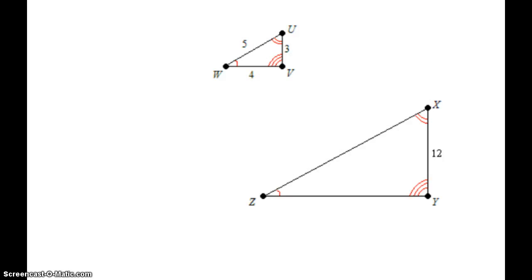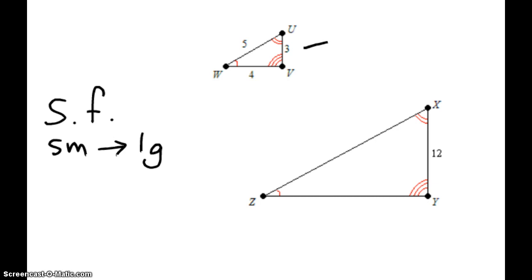So let's look at these two figures. I'm going to go ahead and tell you that they are similar. Let's determine what is the scale factor. And I'm going to abbreviate scale factor as SF. Scale factor, and we're going to go from the small shape to the large shape.